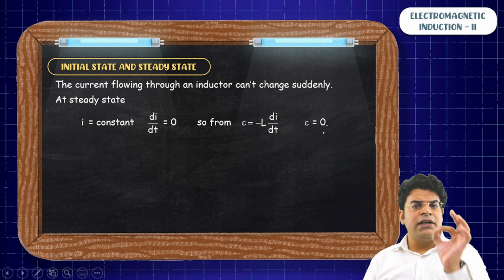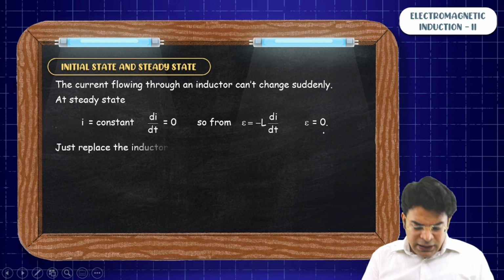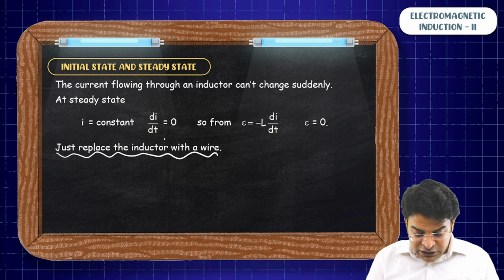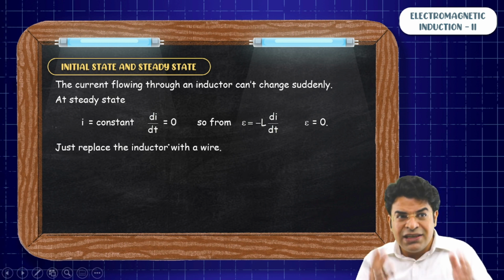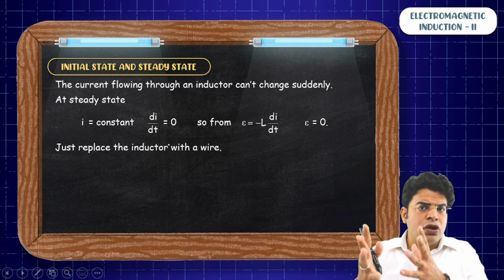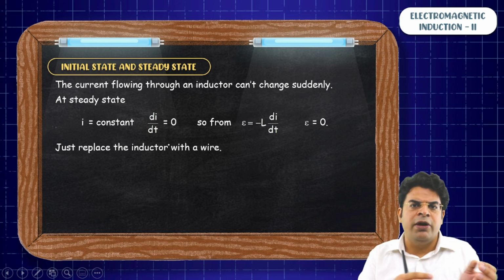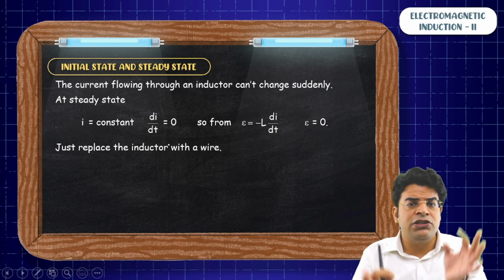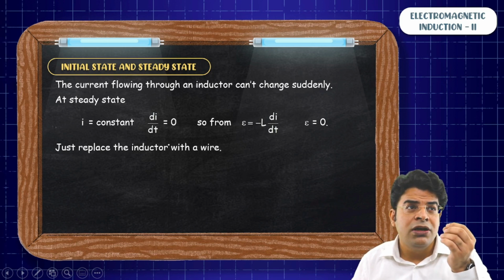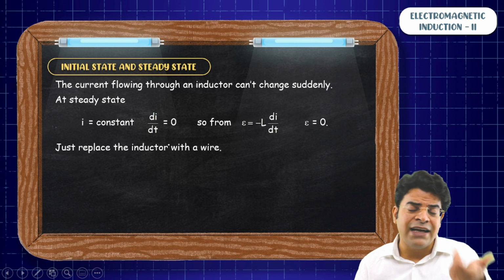And once you know that the EMF becomes 0, you can simply replace the inductor with a wire. Why? Because it's a steady state. Now things are constant. Current is constant, di by dt is 0, potential drop across the inductor is 0. So it acts just like a wire.